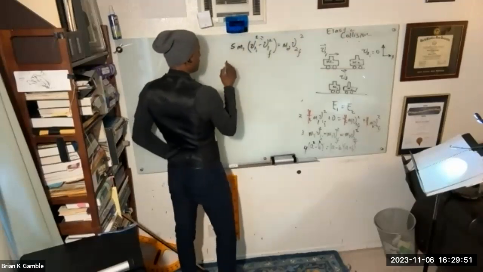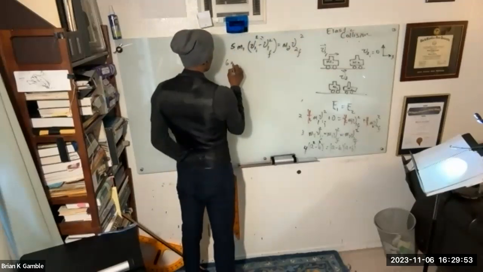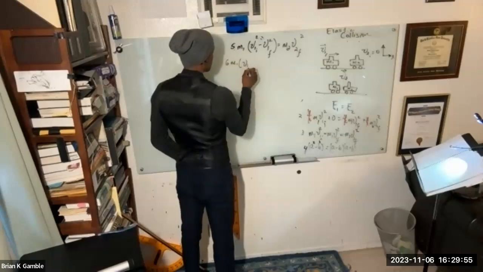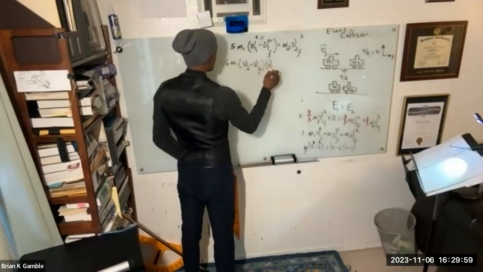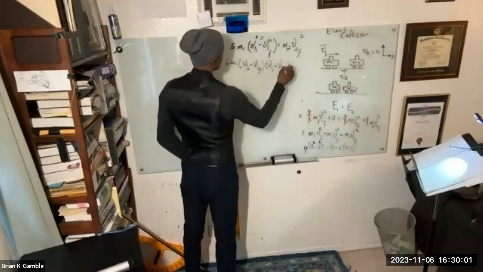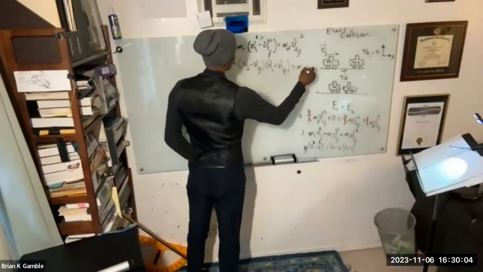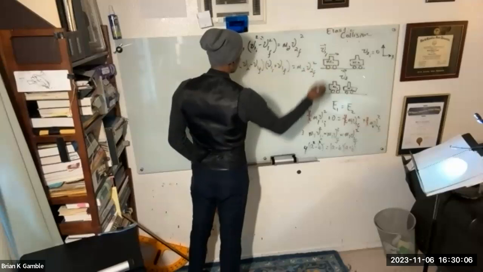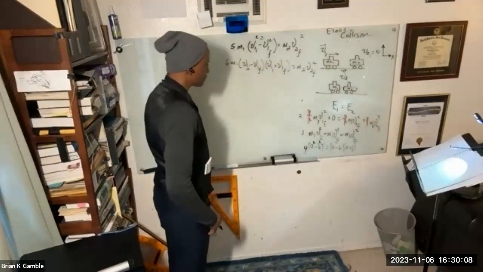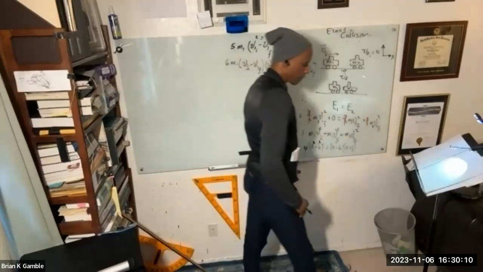So over here, I'm going to have M1 times V1I minus V1F times V1I plus V1F equals M2 V2F squared.